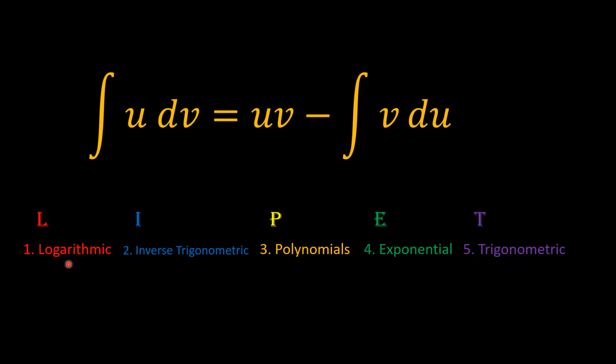That's it. So if you see a log like ln x or log base something, that is going to be your u. Number two is inverse trigonometric functions.